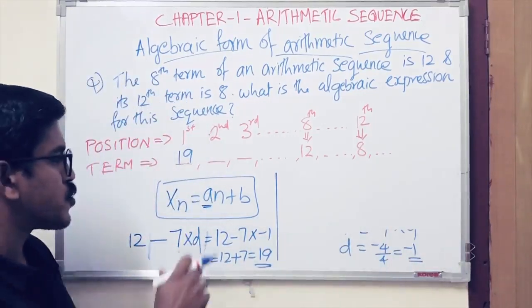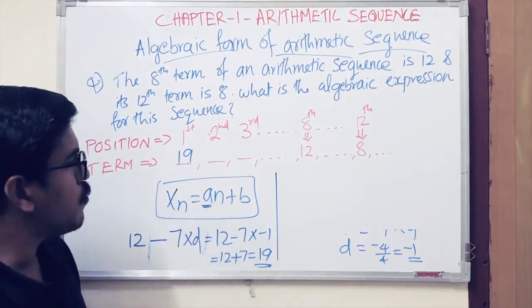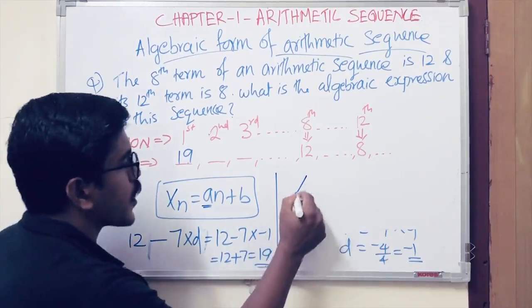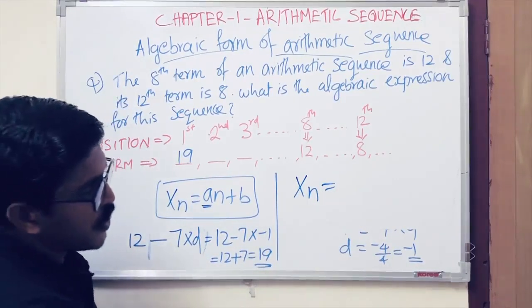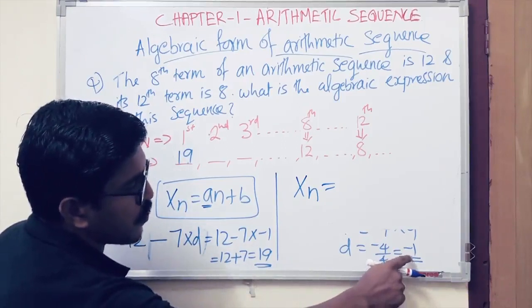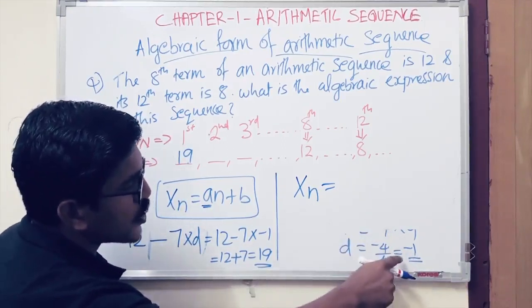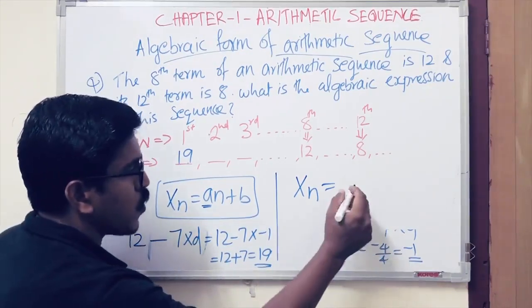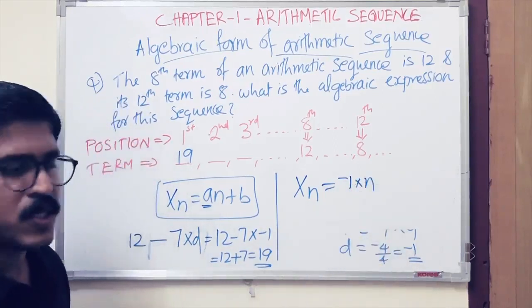So now we can substitute all of these details in this form. Then we will find the algebraic expression, that is xn equal to. We already said that we write the algebraic form of multiples of the common difference first. Here the common difference is minus 1, so we can write it as minus 1 into n first.